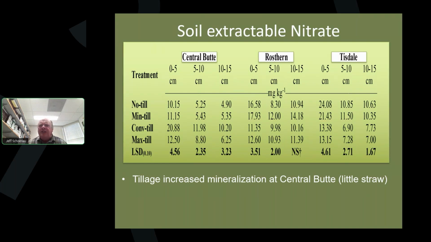There was not a lot of straw at the Central Butte site. And actually, when we did this, it was after a chem fallow period. And so there was just standing straw. So not a lot of potential for microbial immobilization.